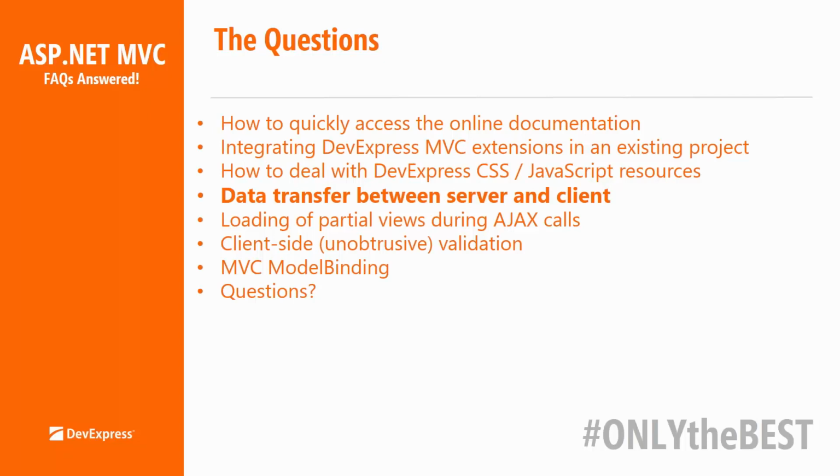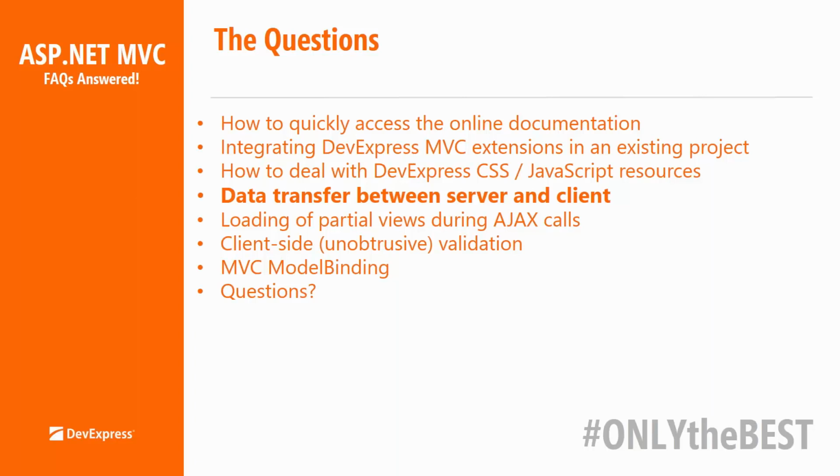All right, I'm going to move over to the next point, which I will combine with the loading of partial views during AJAX calls. How can we transfer data between the server and the client? We can obviously use AJAX to invoke certain methods on the server, or we can use the callback methods that are there on the different controls.